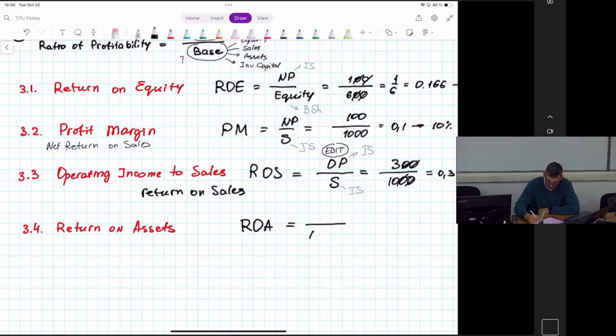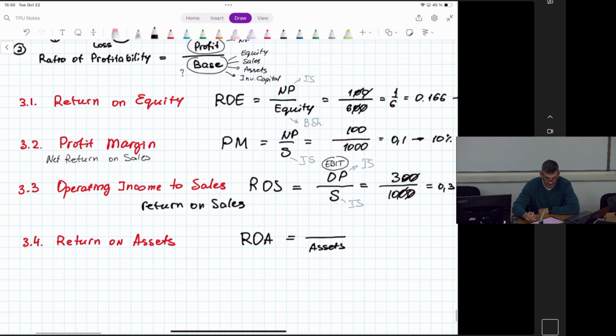Assets. Of course, assets. So what should be the numerator? Here there is a trick. So you should think two things, right? What can you think of? What should be in the numerator? Net profit or operating profit? Okay, in this case, in return on assets, we will use net profit.